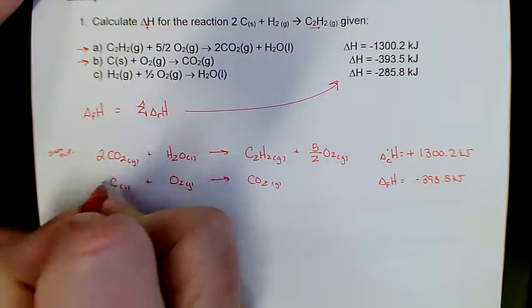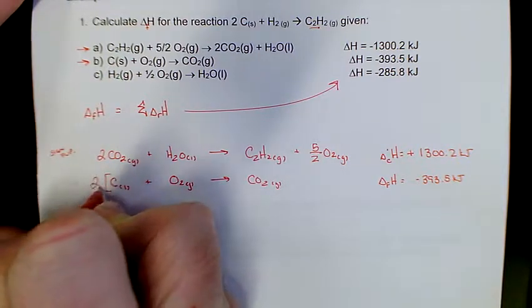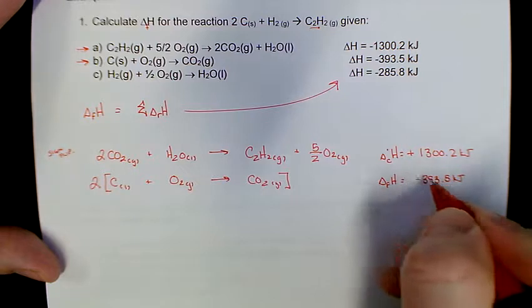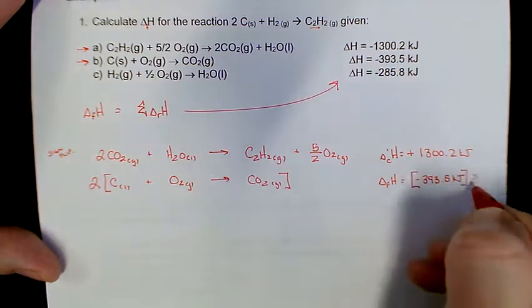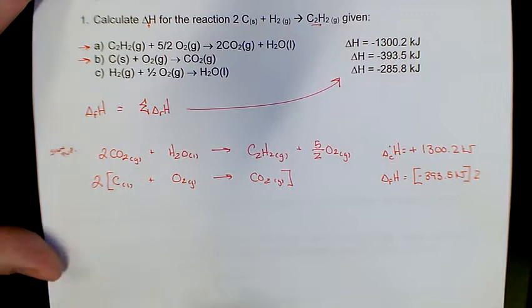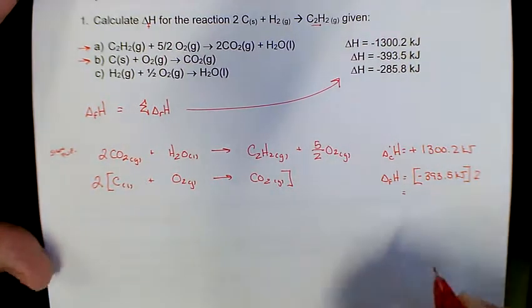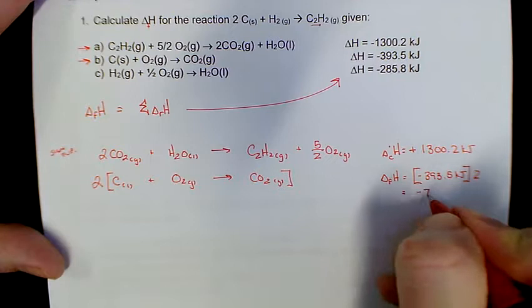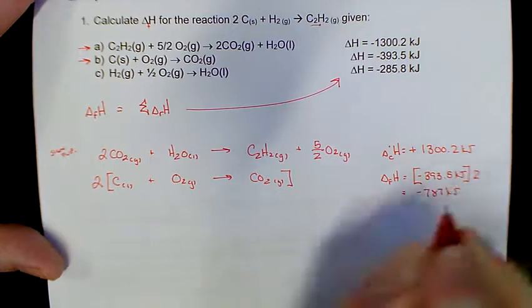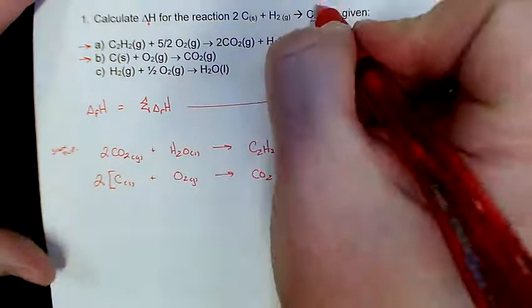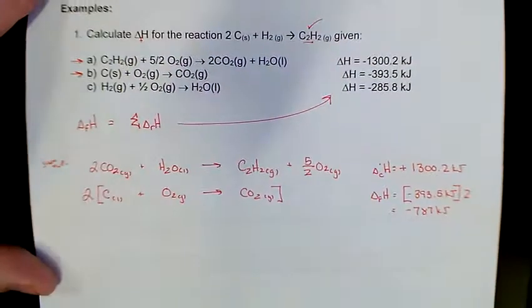You're correct. So what I will do is I will double this, and if I double the reaction, I also double that particular amount there. So this now becomes, what is it here, 787 kilojoules.